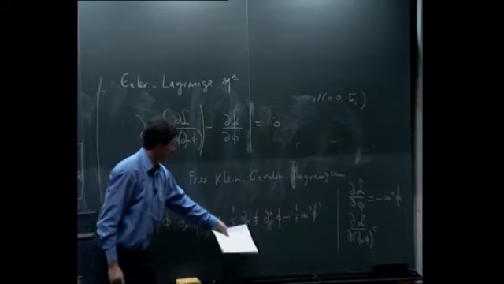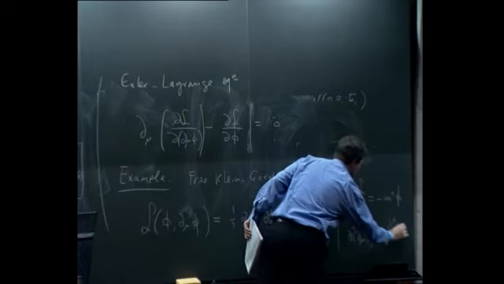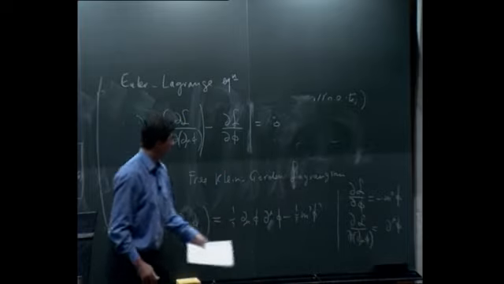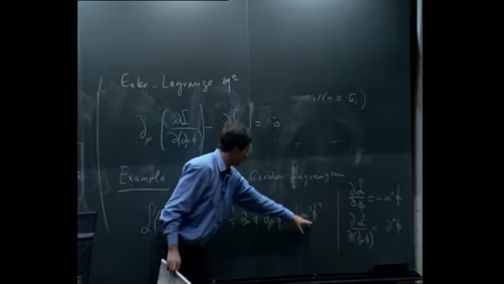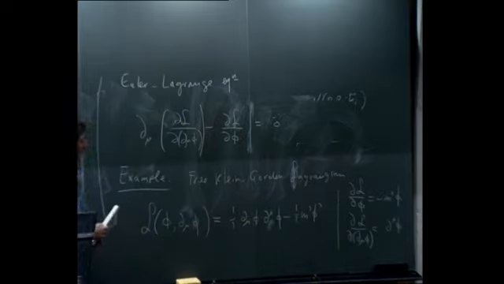If I differentiate with respect to d mu phi, it gives you d mu phi. And the fact that the factors of 1/2 drop out is, of course, that differentiating the square gives you a factor of 2, and here actually you also recognize the square of the derivative.